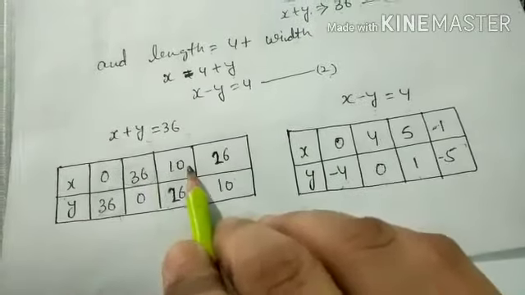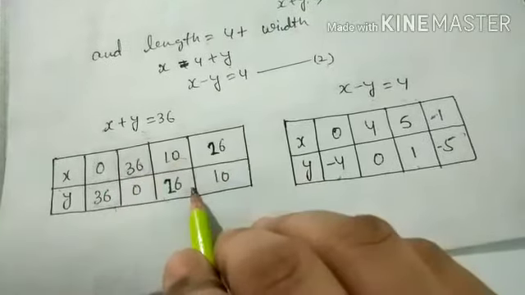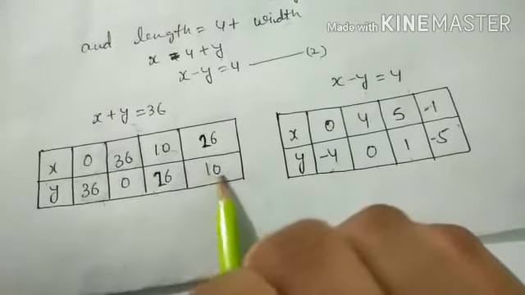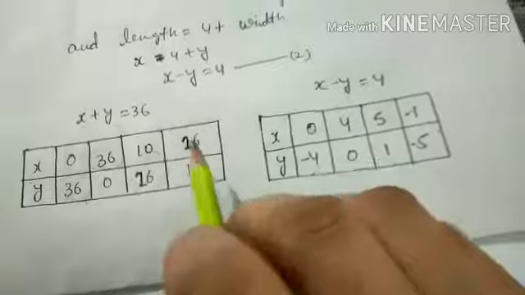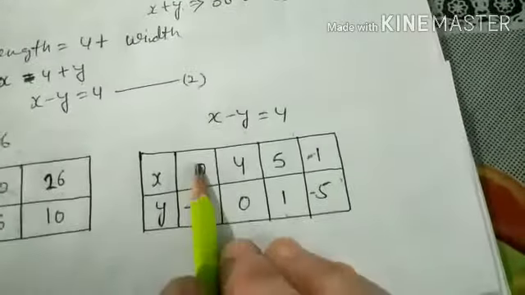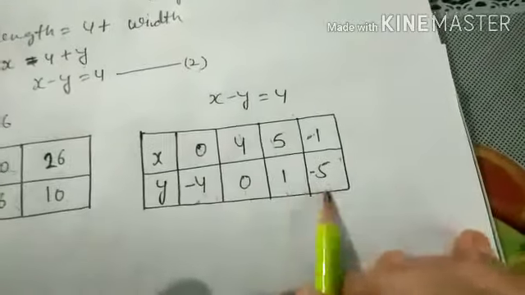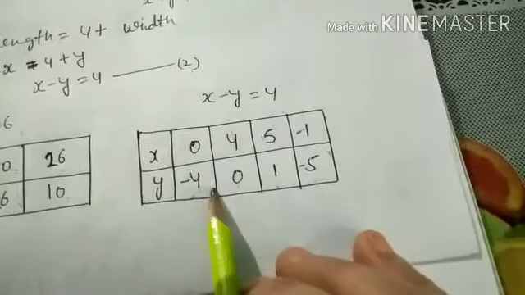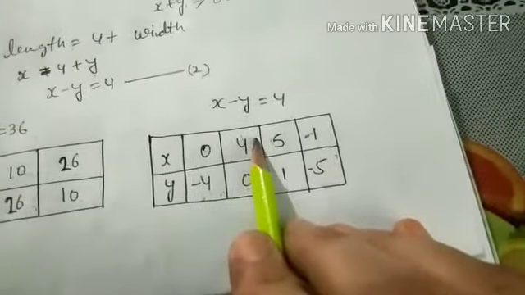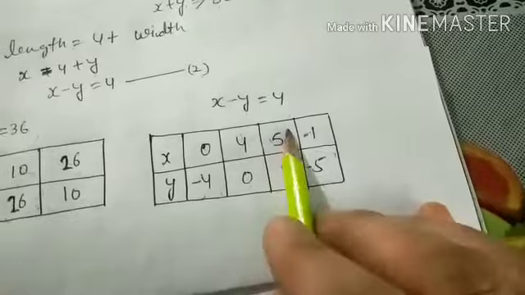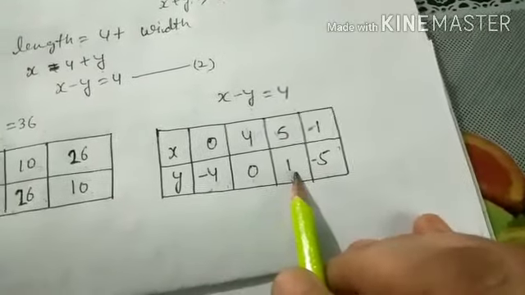The value of x we are putting 10 here, then the value of y is 26, and if y is 10, then the value of x is 26. Similarly, for the second table, on putting x equal to 0, the value of y is minus 4; for y equal to 0, x is 4; for x equal to 5, y is 1.